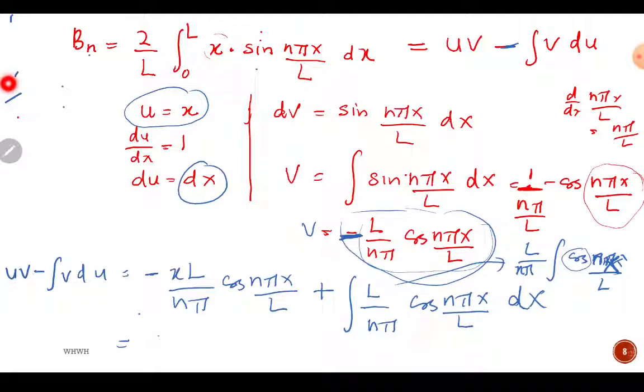So yang ni tak ada apa, just copy balik je, negative L x over n pi cos n pi x over L, and then plus with L over n pi ni copy balik je because it's just a constant.